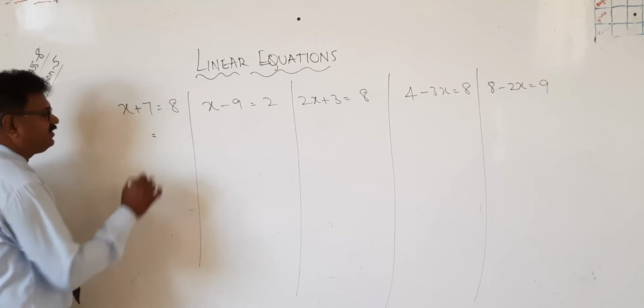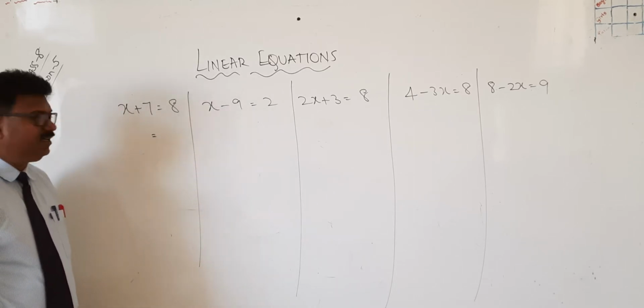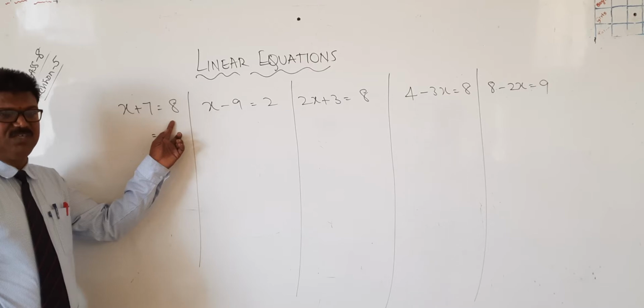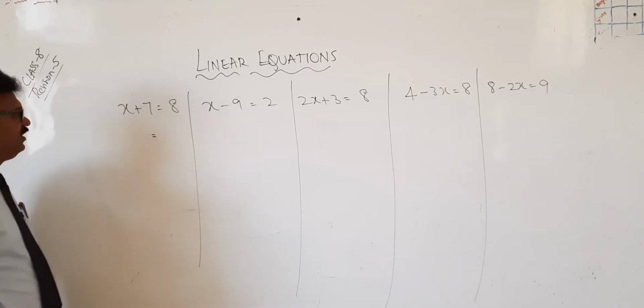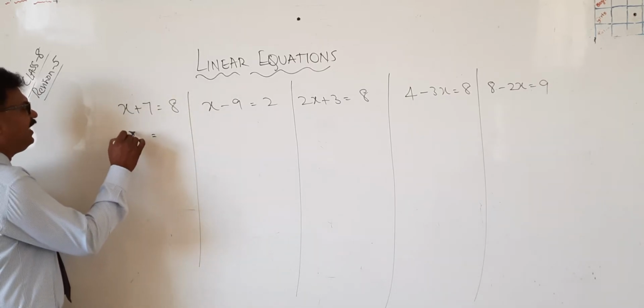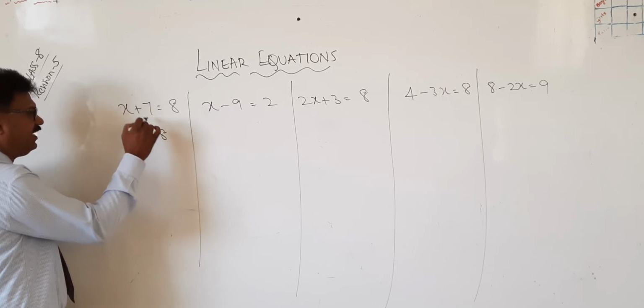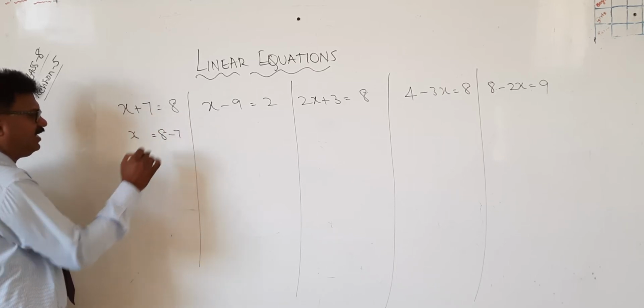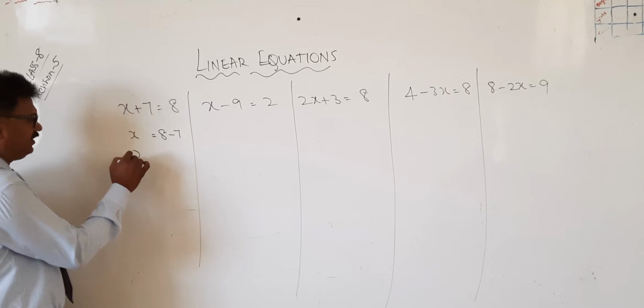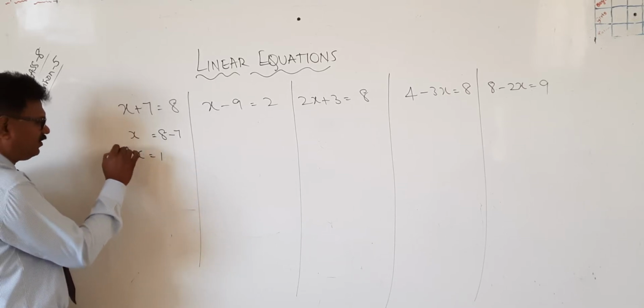Always the unknown will be on the left side and the known, that is the constant, will be on the right side. Unknown means x. Here 8 is already there, plus 7, if it comes here, it will become minus 7. Therefore, x equal to 1.